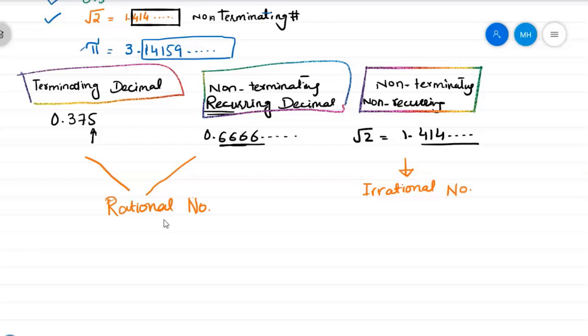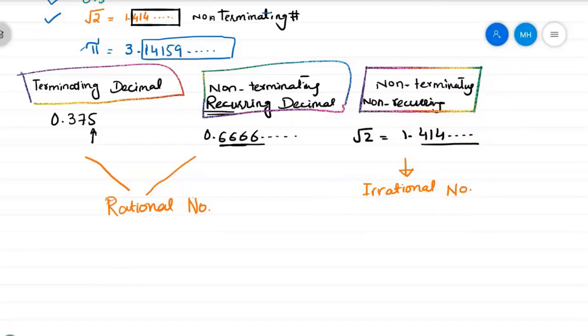So in the case of decimals, if the number is a terminating decimal or a non-terminating recurring decimal, it falls in the category of rational numbers. If we have a non-terminating and non-recurring decimal, it is called an irrational number.